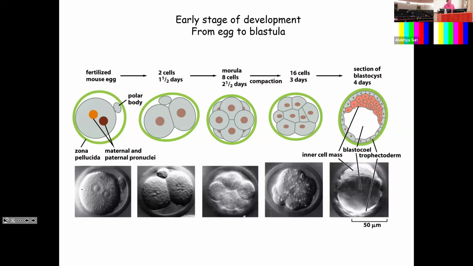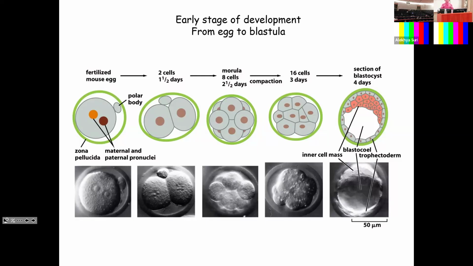So we have the egg, which is the fertilized oocyte, with the two pronuclei here, one provided by the male, one provided by the female, and then remains of the meiosis, which are the polar bodies. Okay, two polar bodies, and the fertilization triggers rapidly what is called cleavage.